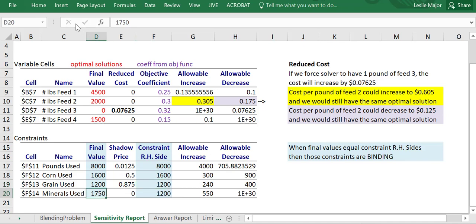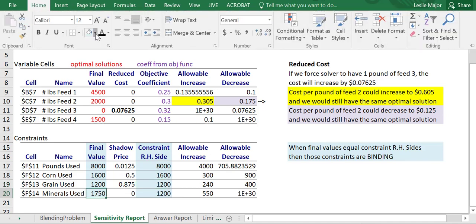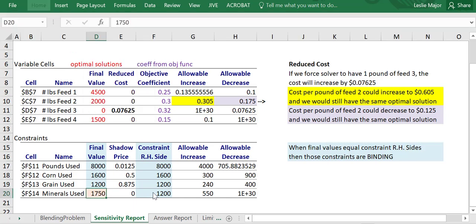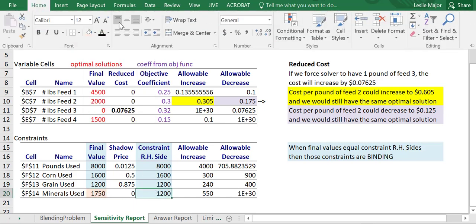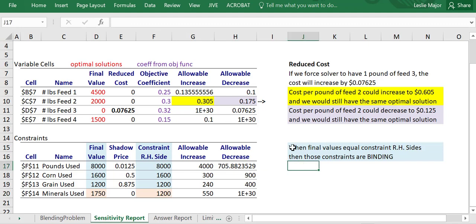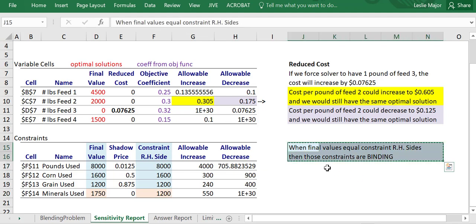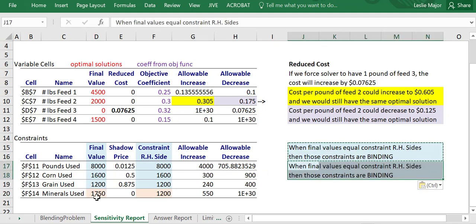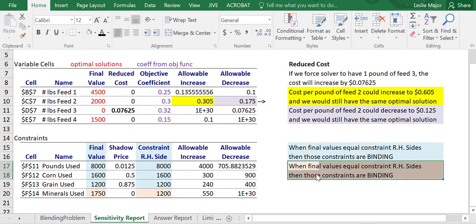Now, let's change the coloring here because we have something different for this bottom row. For this bottom row, what do you notice about the final value and the constraint? They are not equal.